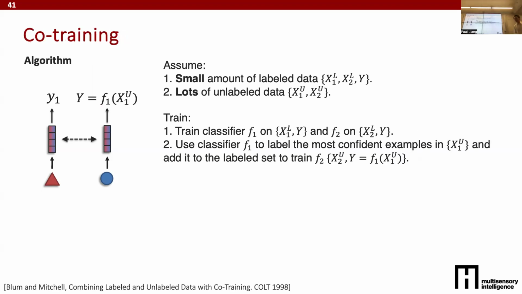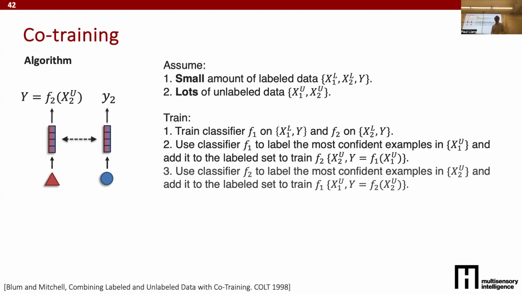You take one of the classifiers, and you label the most confident examples in that same modality, and then assign that as a label to the other modality's classifier. So F1 labels the most confident data in the first modality, and you train the second modality's classifier on what the first modality had assigned as a label. And then vice versa, you would use F2 to label the most confident samples in the second modality, and assign that as the label for the first classifier.